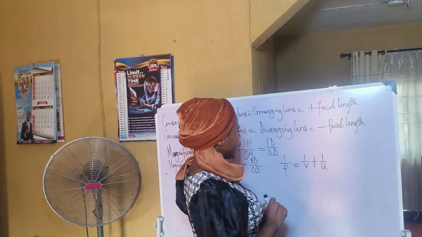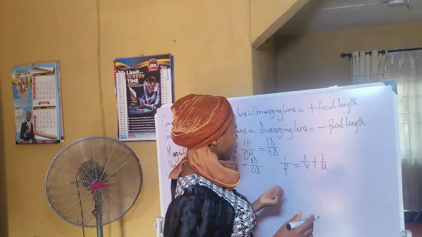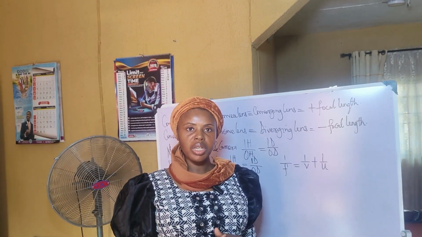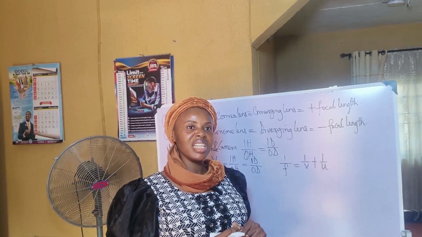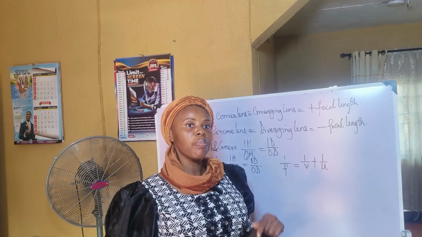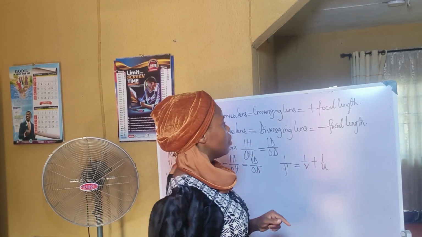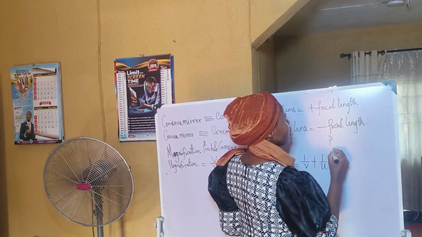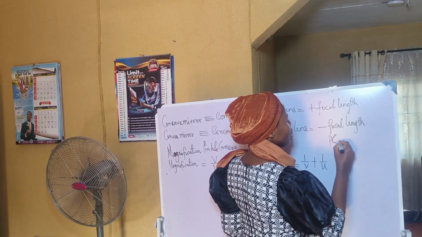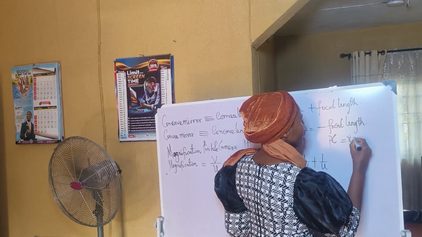Then don't forget that we have what we call the radius of curvature. What's the radius of curvature? Radius of curvature is the distance from the pole to the center of curvature.